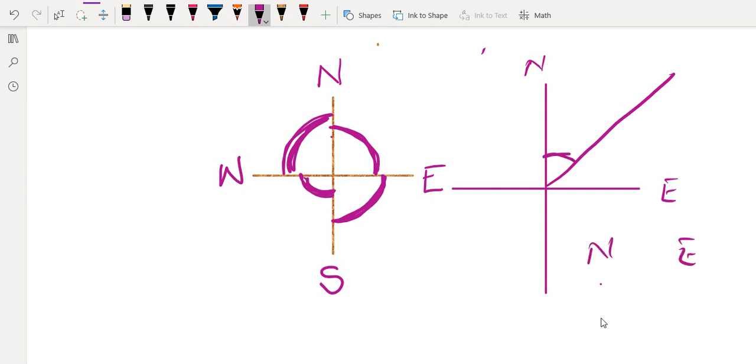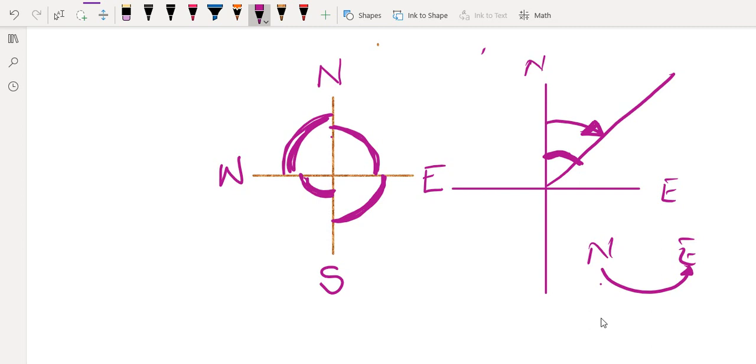So this is the angle represented. Turning from the north to the what? East. Do you see that? Yes.